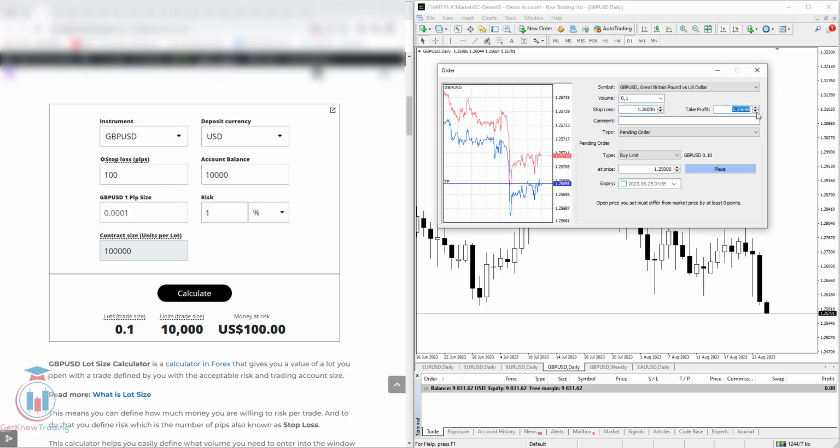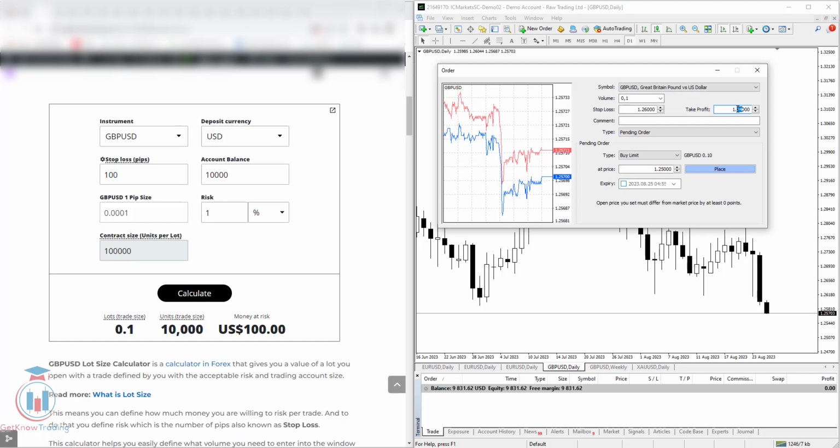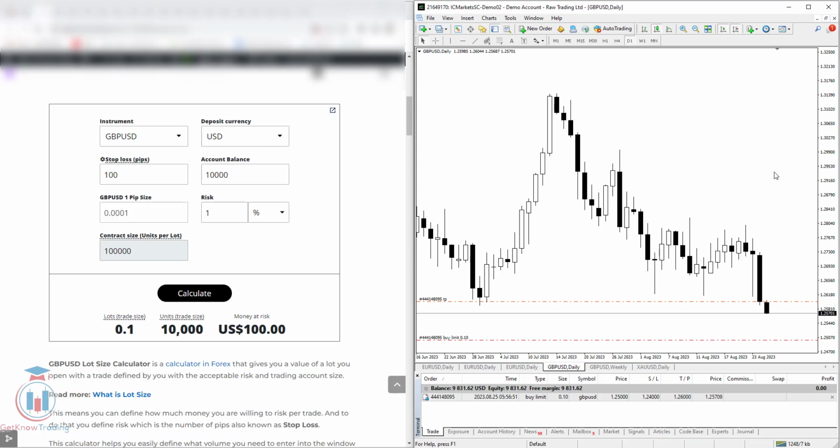And let's put take profit also at 100 pips. It is 1.24. Click place. Sorry, I have made a mistake. Take profit should be 1.26 and the stop loss should be 1.24 because I am buying. Click place, and here it is.